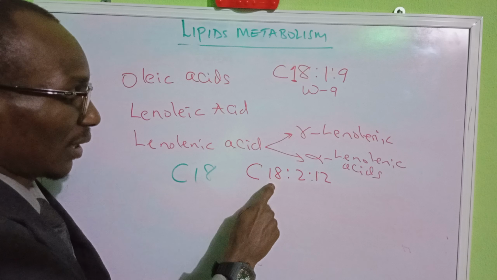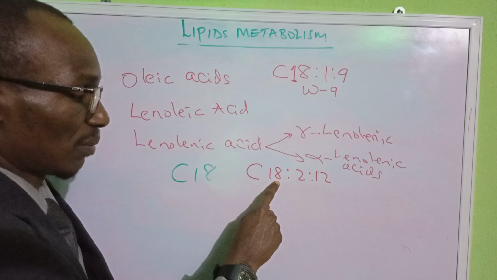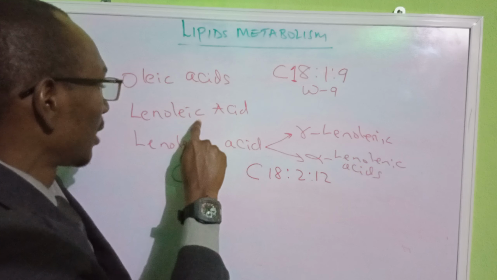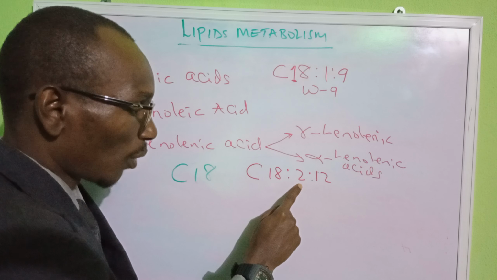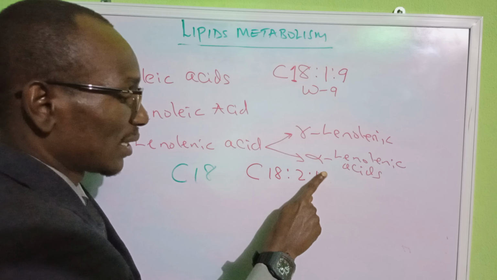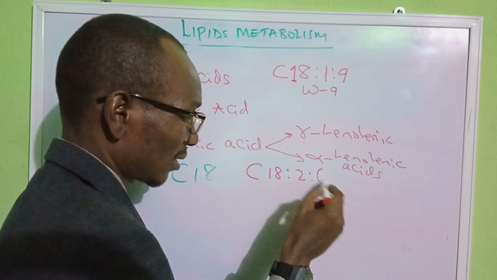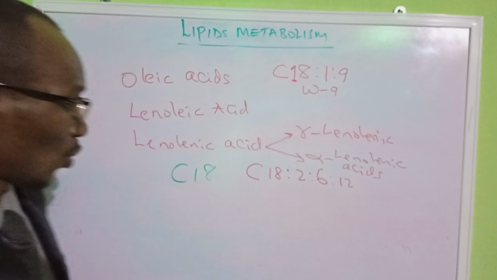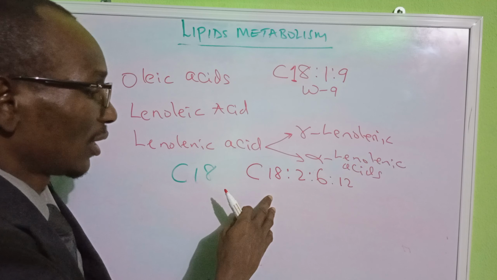If you subtract 12 from 18, you find that what will be left is 6, because 18 minus 12 is 6. So linoleic acid consists of 18 carbon atoms, two double bonds, and the positions of the double bonds are at 6 and 12. So if you express this in a similar way to the other one that I've written, you find out that you have 18 carbon atoms like this.